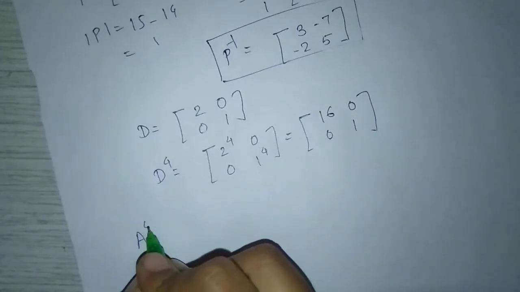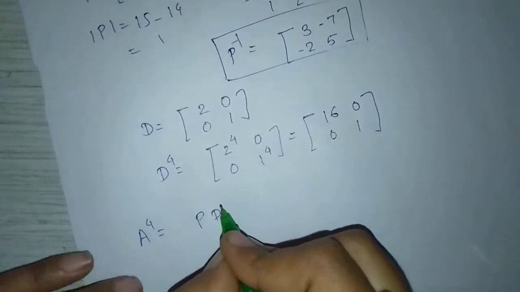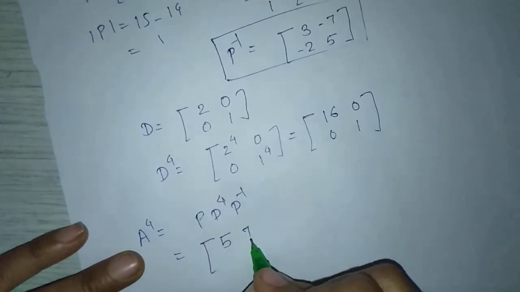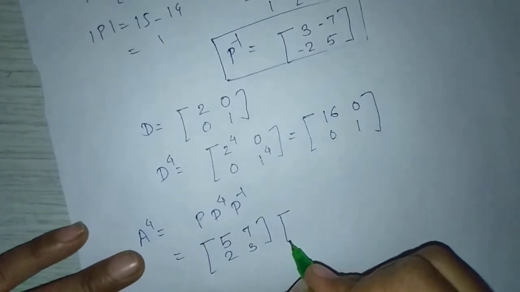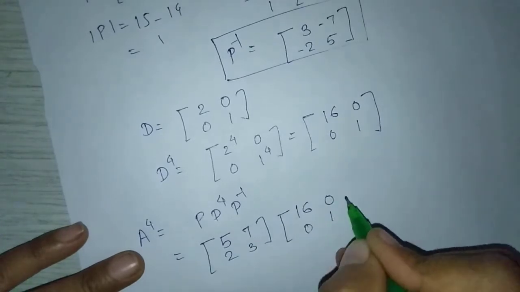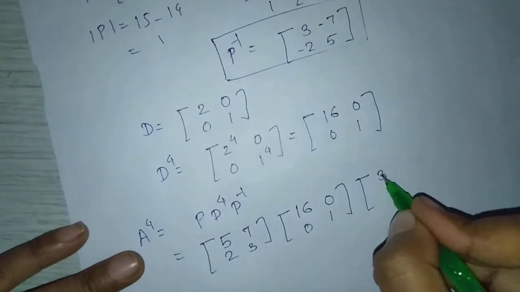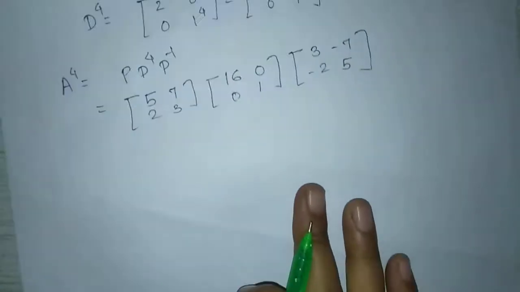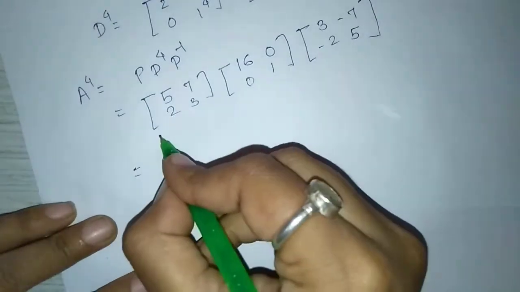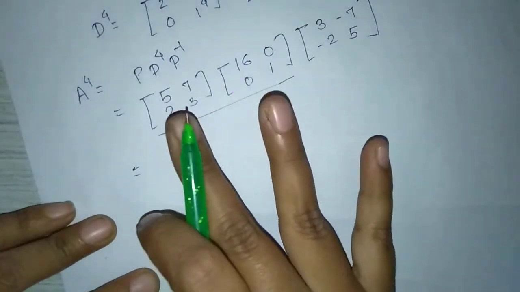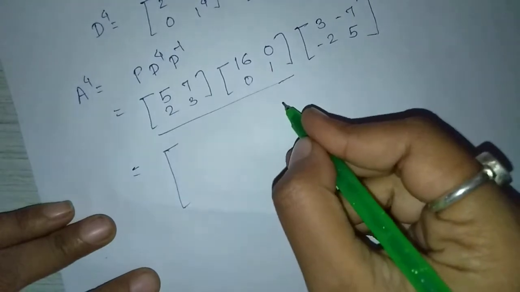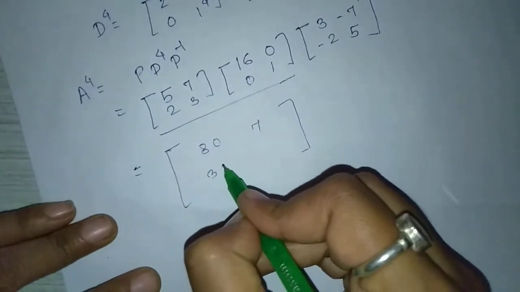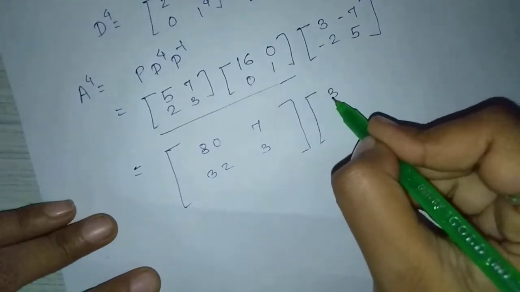Now calculate A raised to 4 equals P D raised to 4 P inverse. P is 5 7 2 3, D raised to 4 is 16 0 0 1 and P inverse is 3 minus 7 minus 2 5. So first compute the multiplication of these two matrices. We get 80 7 32 3 into the second matrix as it is.